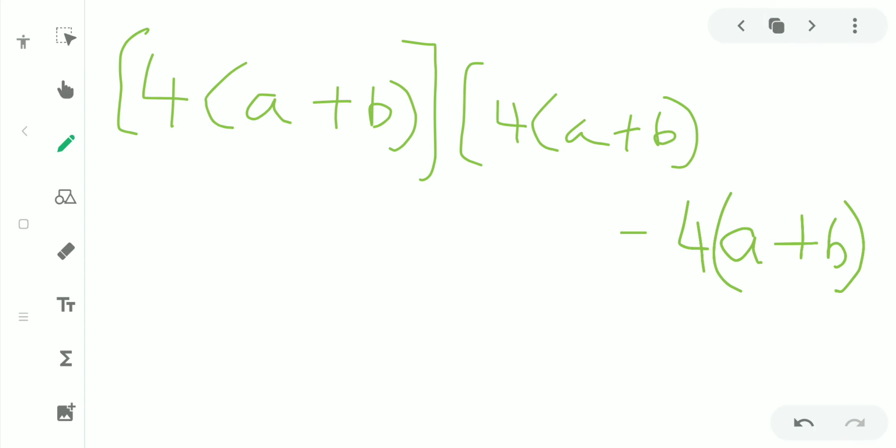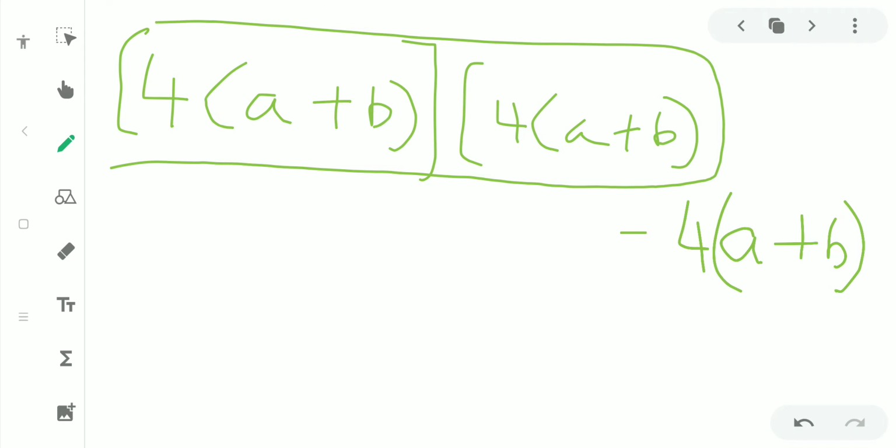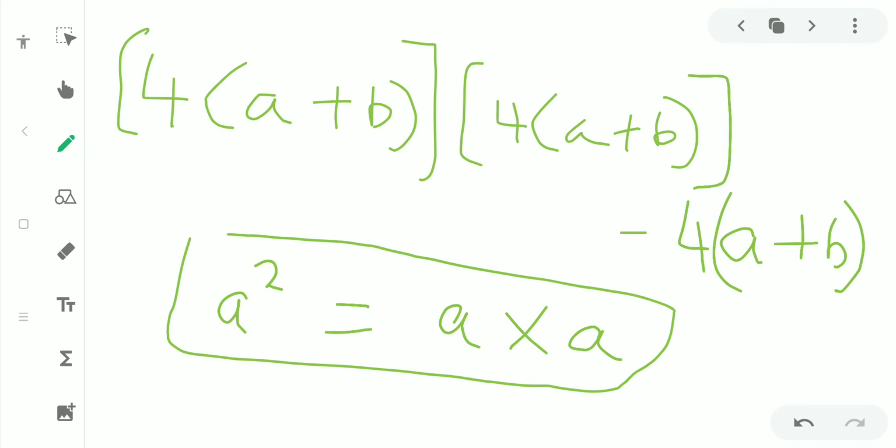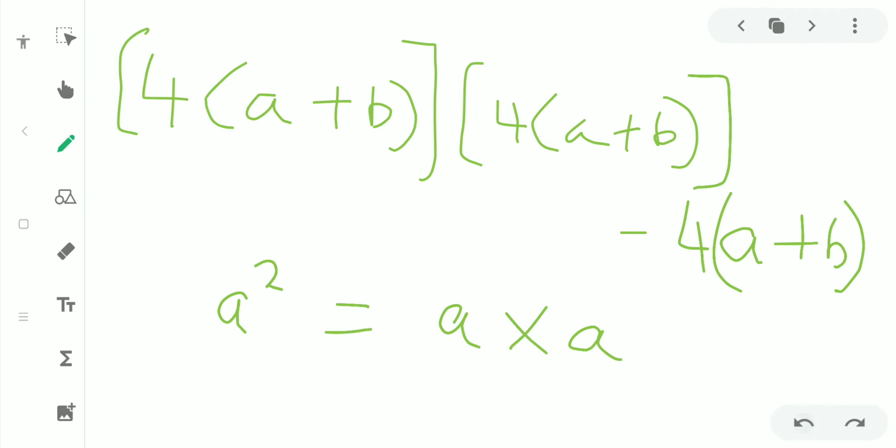So you may get a question, why did I write like this? Because you know a square is nothing but a into a. Am I right?